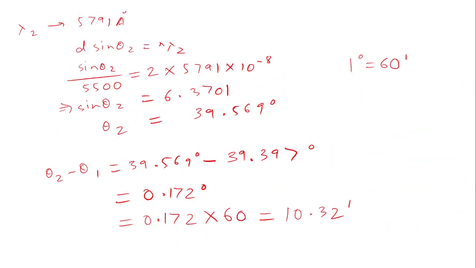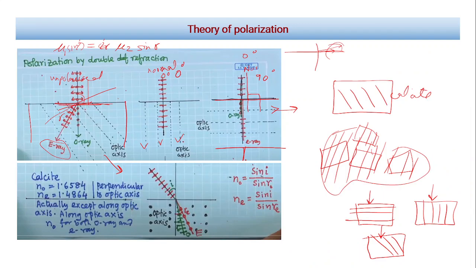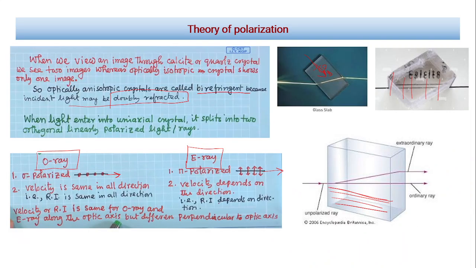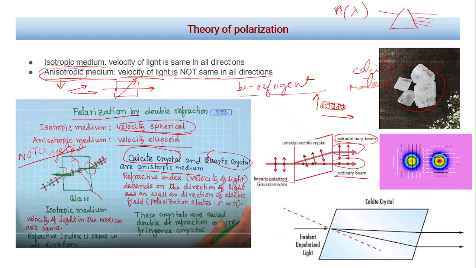Okay, so these were the questions related to this week's topics, where we discussed the birefringent material and how we get ordinary and extraordinary rays out of it. We talked about calcite, which is a negative uniaxial crystal, and quartz, which is a positive uniaxial crystal, how ordinary and extraordinary rays have different refractive indices and different velocities in these crystals, and thus we get polarized light from unpolarized light.